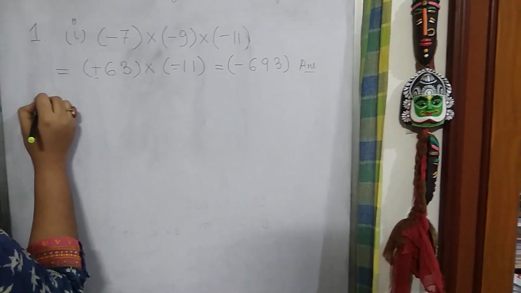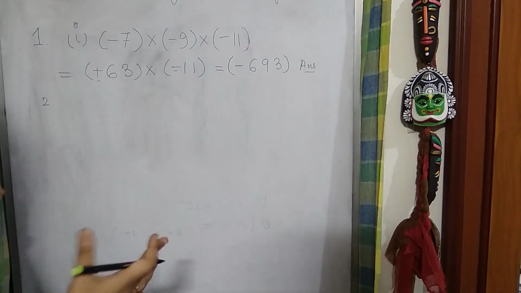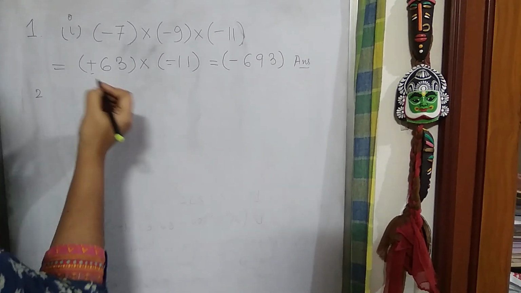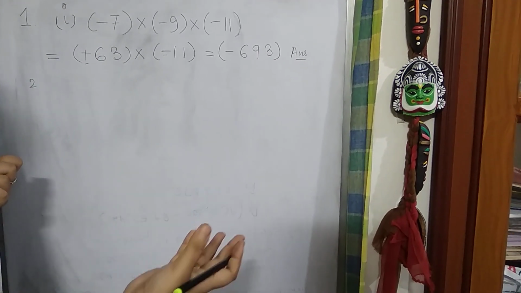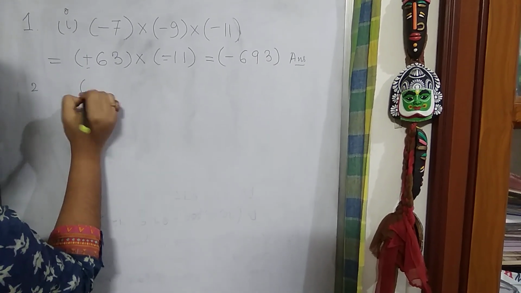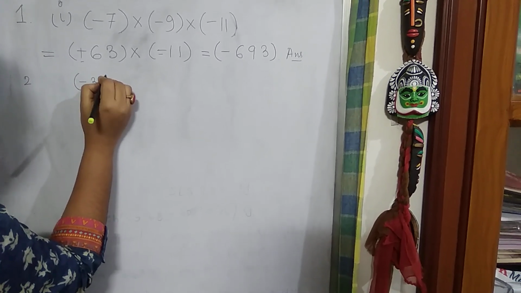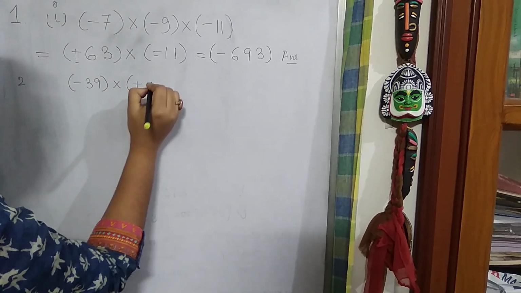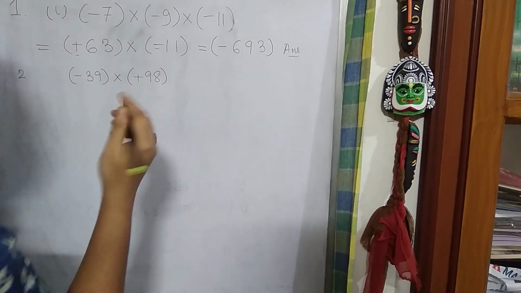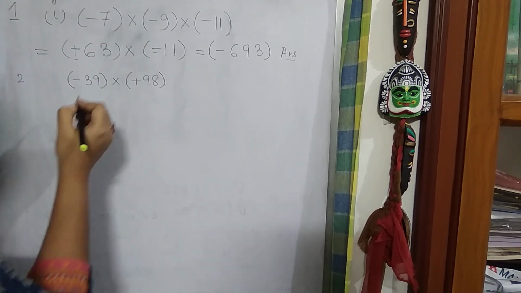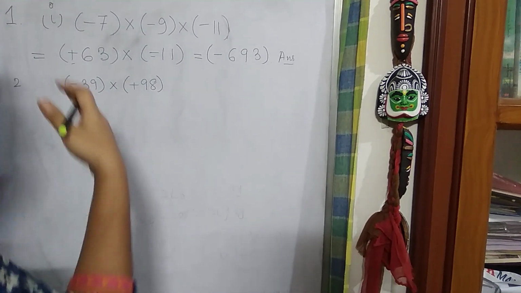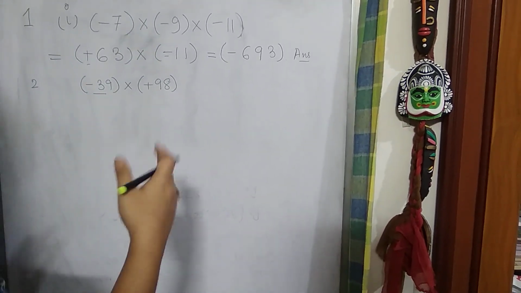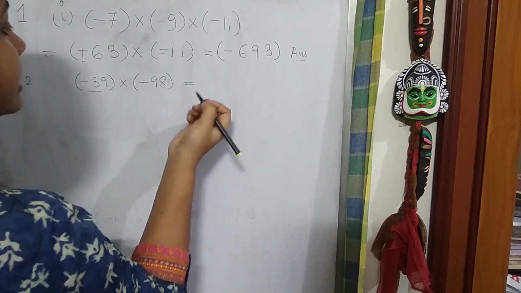Now coming back to number 2, what is said out here: what will be the sign of the product if we multiply 39 negative integers? If we multiply a negative 39 integer with a positive 98 integer, what will be the sign of the product?